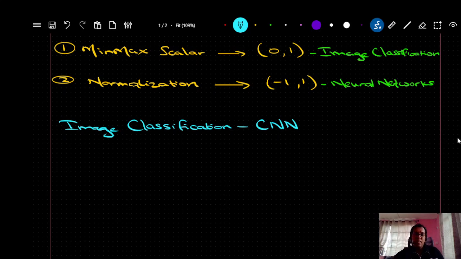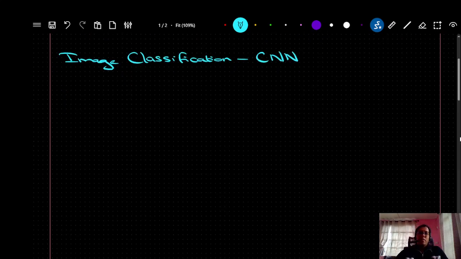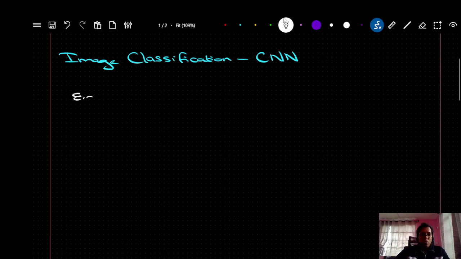So how does it work? For instance, let's see. It has to use normalization already. So let's take an example of how it uses normalization. Let's say you have an image. An image uses pixels.